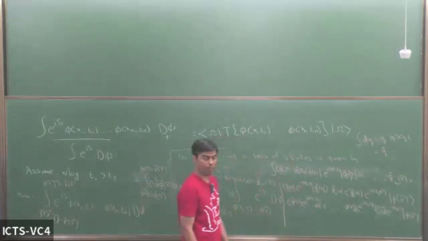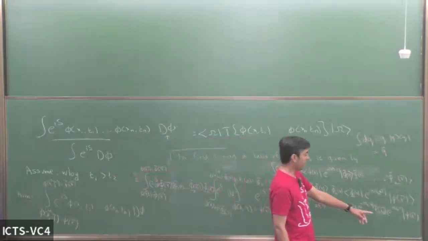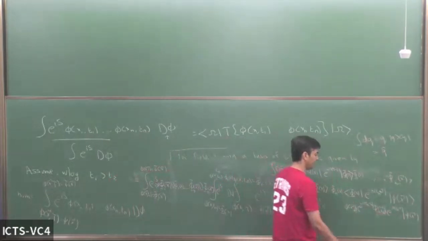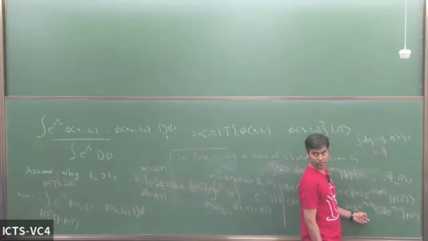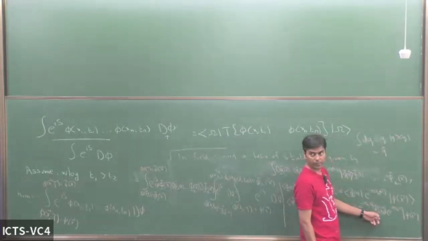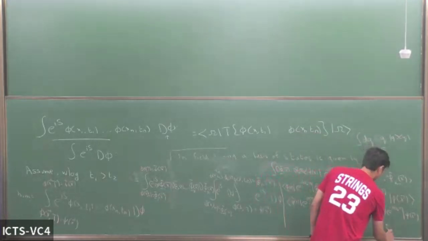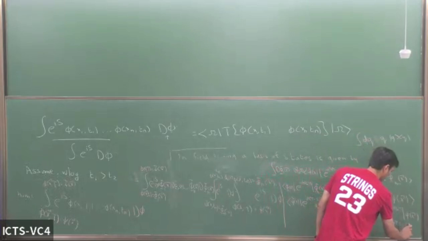Now these operators are all at time 0, but you have all of these e to the minus iHTs. You see how these e to the minus iHTs combine. Here you have e to the minus iHTn, here you have e to the iHTn. This evolves this operator from 0 to Tn. So now in the end you get e to the iHT, which is sitting here, acting on the psi of x.